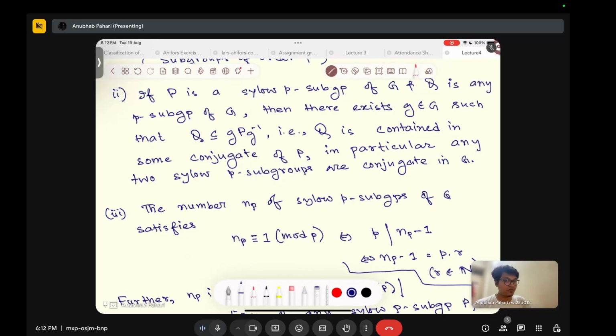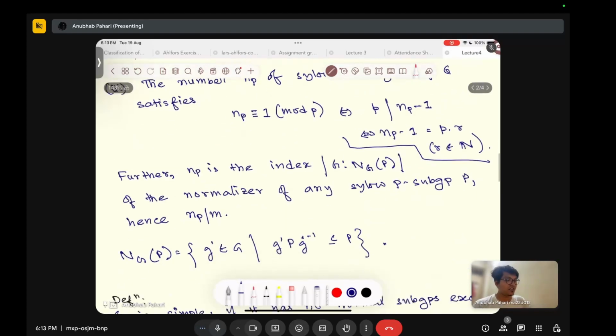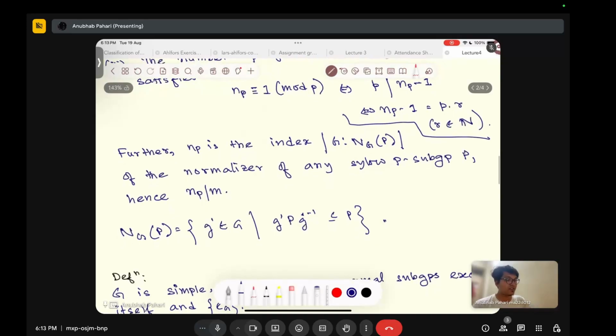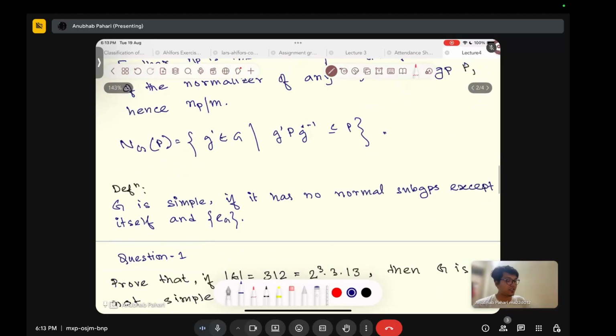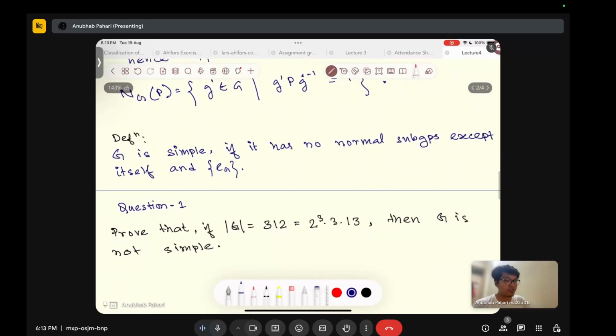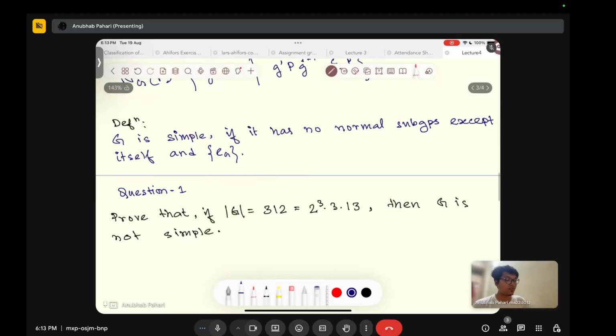So if the Silo p subgroup is normal, suppose it is N, then gNg inverse should be N for all g in G. So showing that the number of Silo p subgroups is 1 is not equivalent, but one way to show that G is not simple.